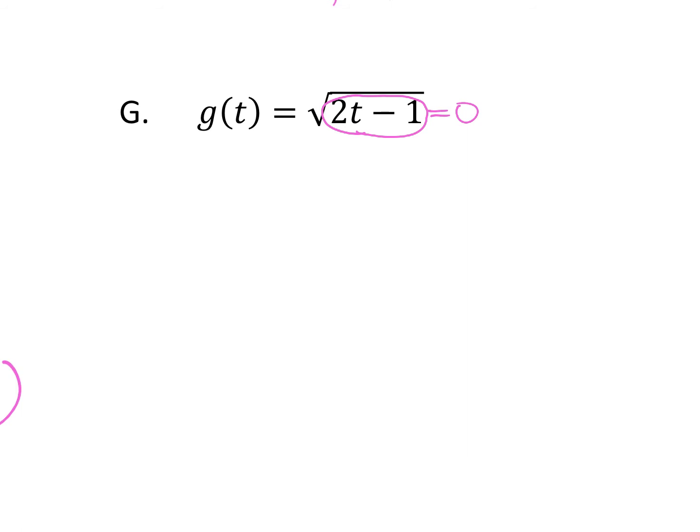So if I solve that, what value do I get? 1 over 2. So what that tells me is that my square root function starts at 1 over 2 and goes out to the right. So if it starts there, I use a bracket with 1/2. And if it keeps going to the right, it goes out to where?